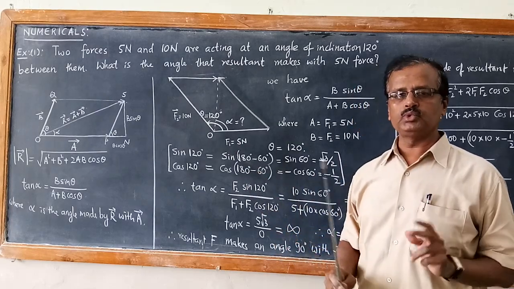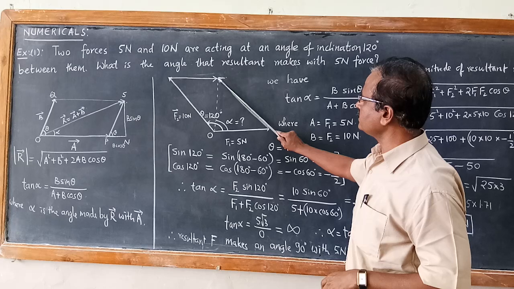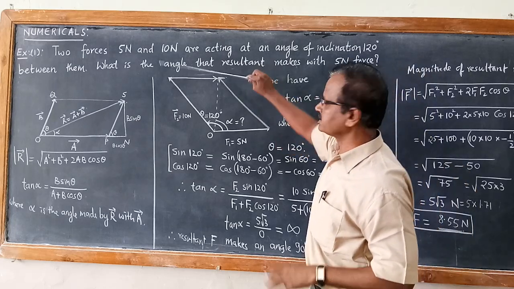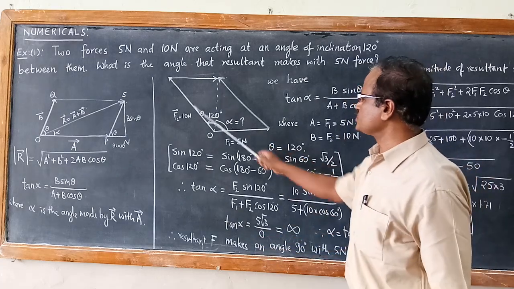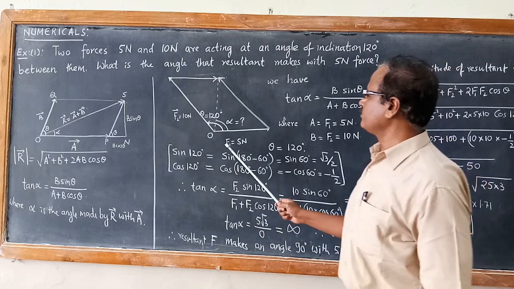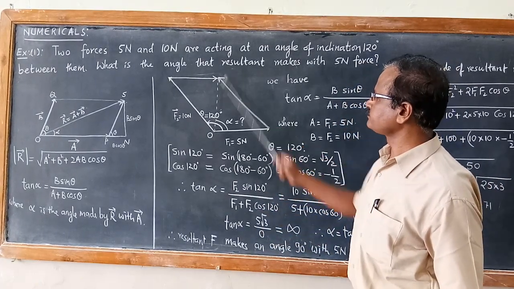The 5 Newton force and 10 Newton force are two sides of a parallelogram. Then draw parallel vector F2 like this and parallel vector F1 like this, in the same direction. That constitutes a parallelogram. Then we can find the resultant by joining the diagonal.